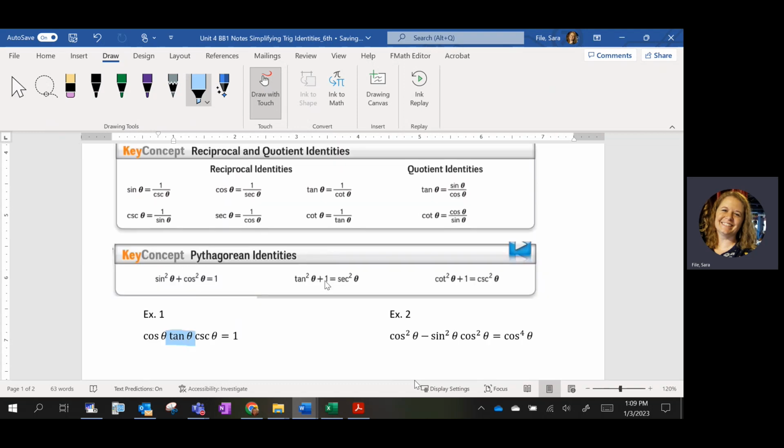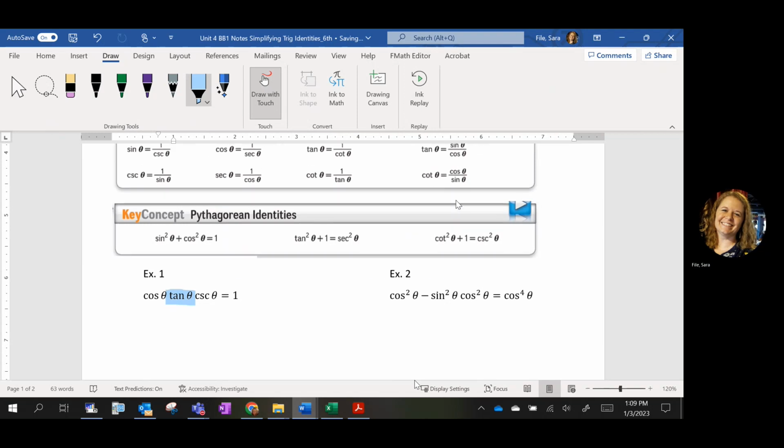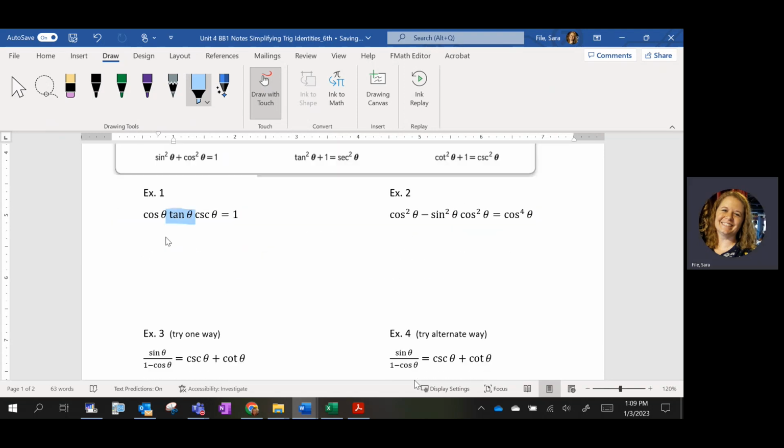Tangent to cotangent, but what about over here? Tangent is sine over cosine, right? So I could replace tangent with sine over cosine because those are equivalent. So that's what I'm going to do. I'm going to replace tangent with sine over cosine.